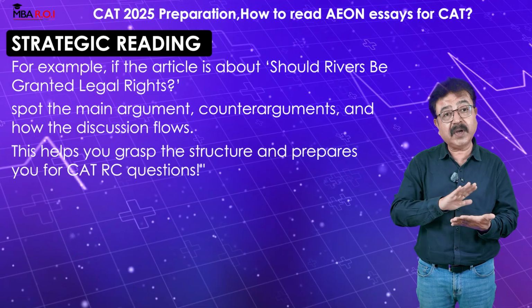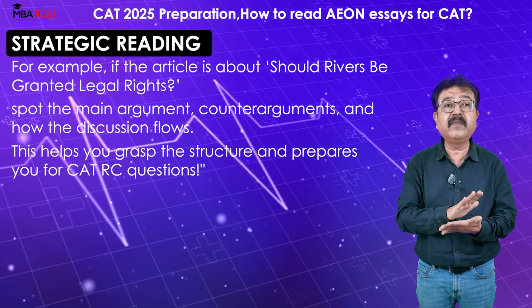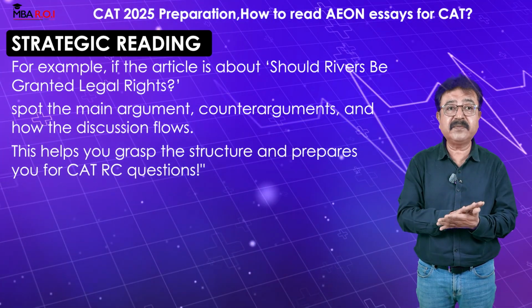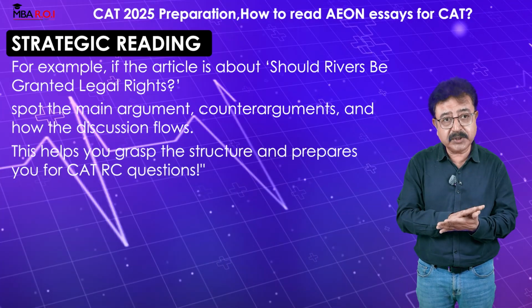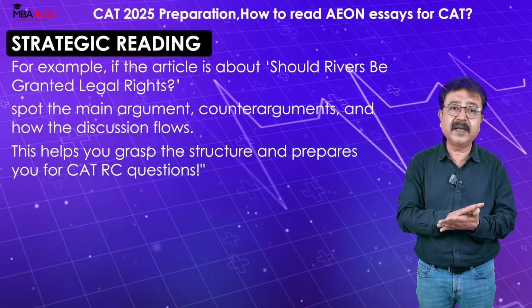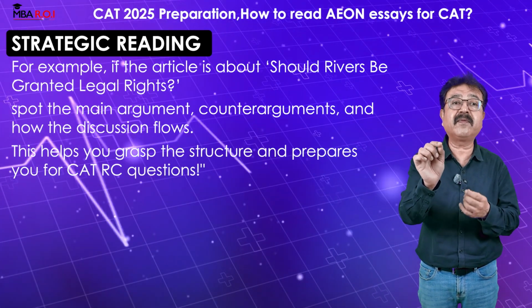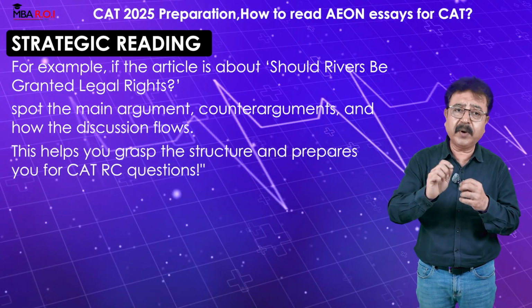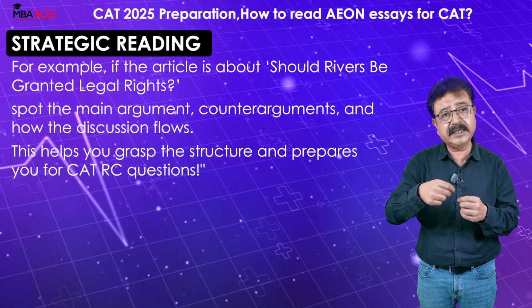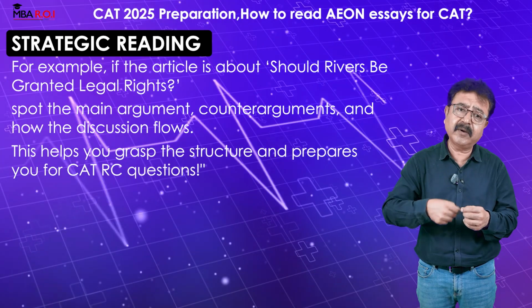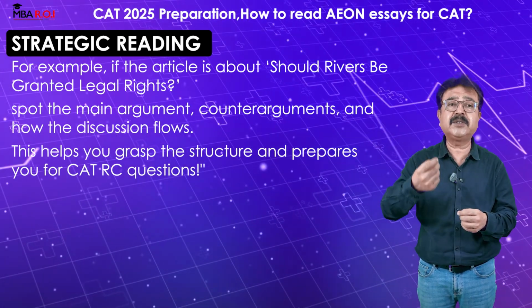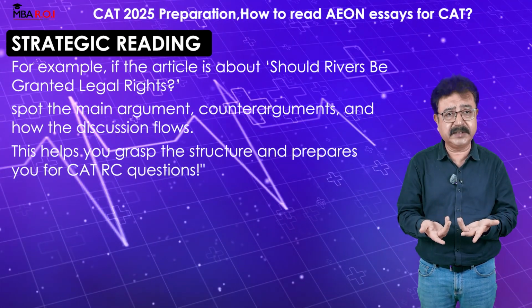A lot of students also ask me, sir, how about vocabulary? See, the best way to build vocabulary for CAT is developing a sense of context. So if you are guessing the meaning of the words in the passage itself, then it will make a lot of sense.